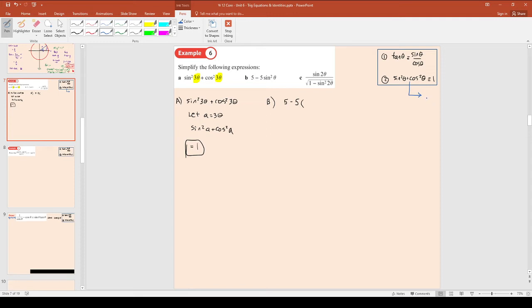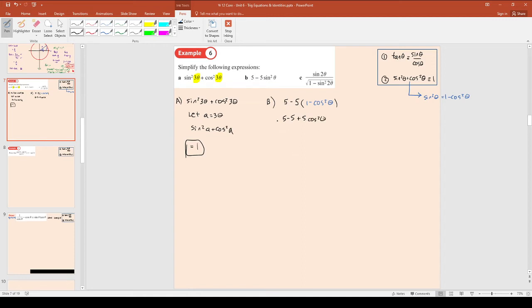We could write down that sine squared theta is equal to 1 take cos squared theta. Do you see how we're just going to switch our identity around? That means that you can pop this in. 1 take cos squared theta, which means when you times it out, you're going to get 5 take 5 plus 5 cos squared theta.